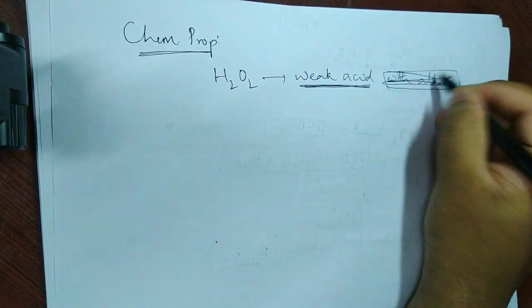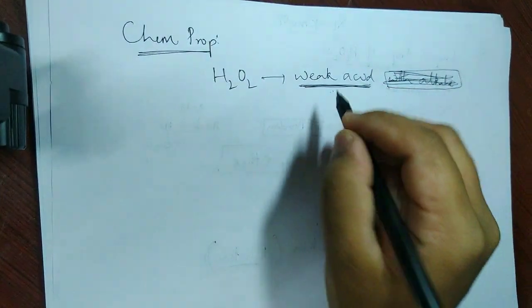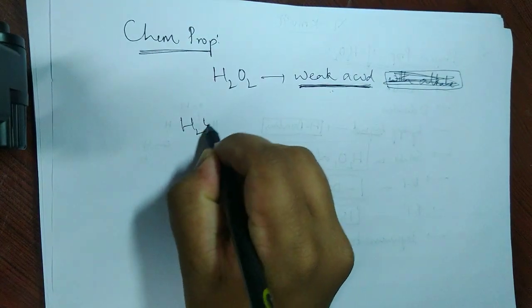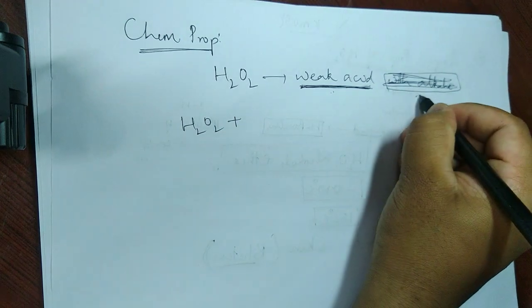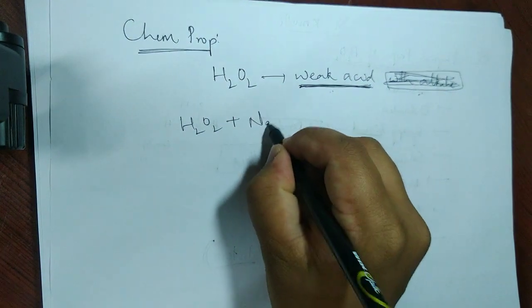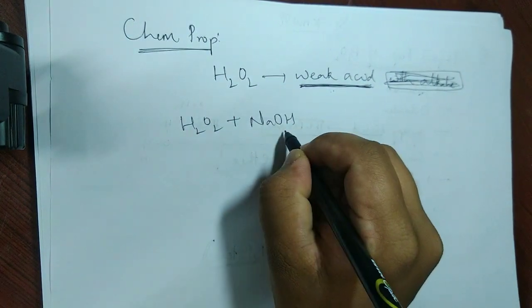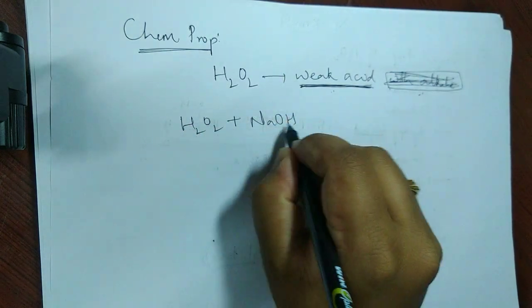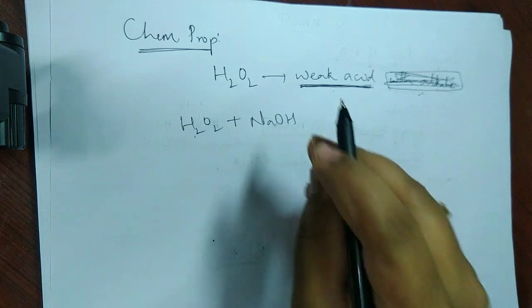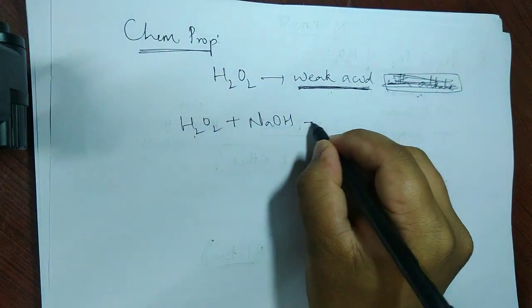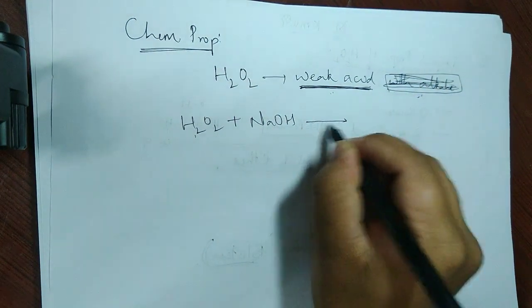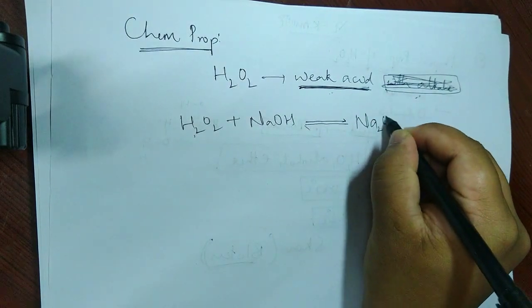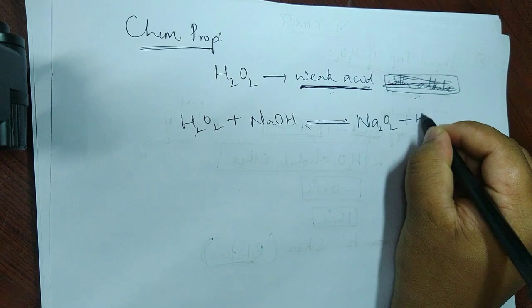By here itself you can understand weak acid. For example, H2O2 plus alkali. If I take NaOH, is NaOH an alkali? Yes. So H2O2 is a weak acid and NaOH is a base. Acid plus base gives salt and water. In fact, not exactly the salt that we get; it's a reversible reaction where you get the peroxide of sodium plus water.